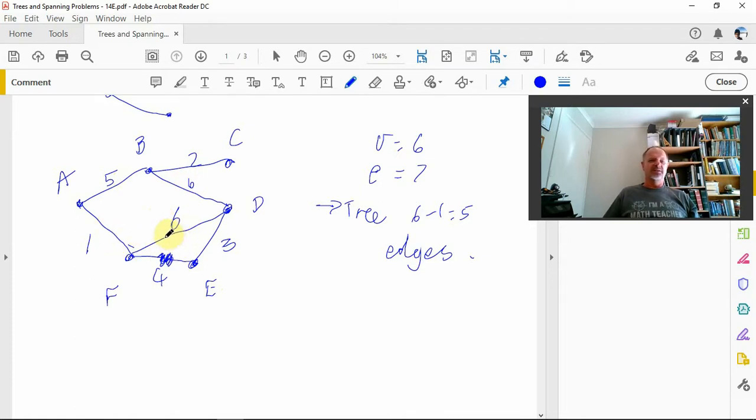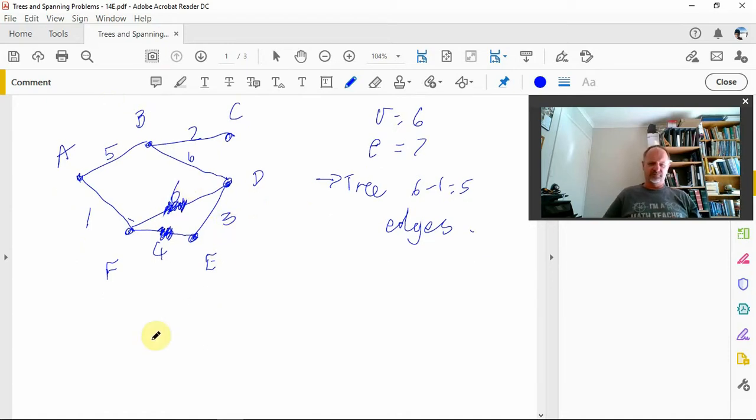And so let's remove that one there, shall we? When I've done that, what I've now got is A to B, which is 5. Then I go here to D, which is 6.